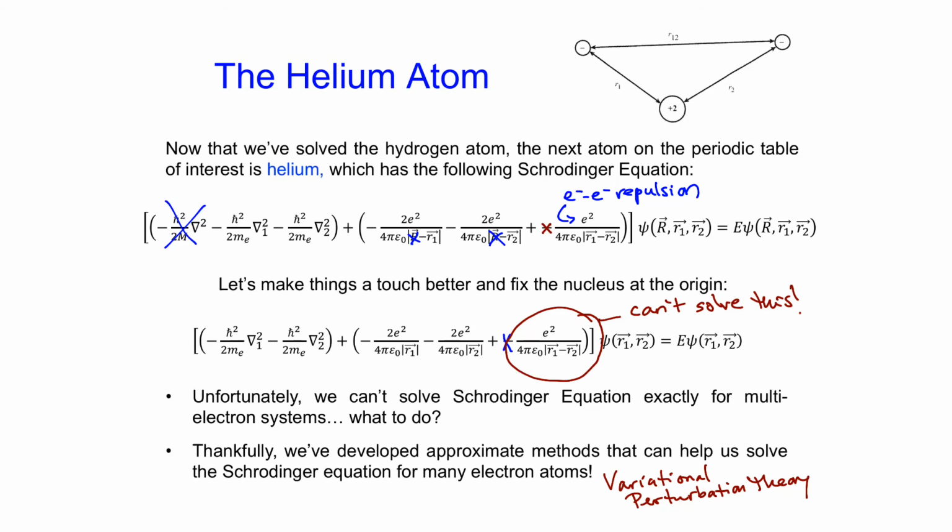Those are the two main approximate methods that we will work with this semester that will allow us to continue on our quantum chemistry journey beyond the hydrogen atom, because that would not be much fun if we had to stop now. We'll save those approximate methods for another video or two.